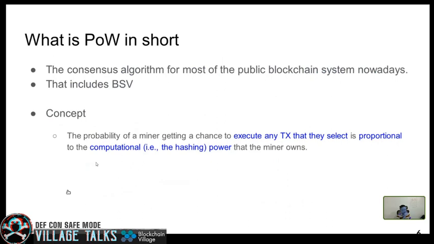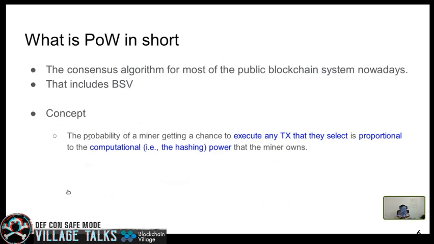To explain how to do that in BSV, firstly, I will talk about what POW is, because it is related. POW is the most commonly used consensus algorithm for public blockchain systems nowadays, and that includes BSV. BSV also uses a POW-based consensus algorithm.